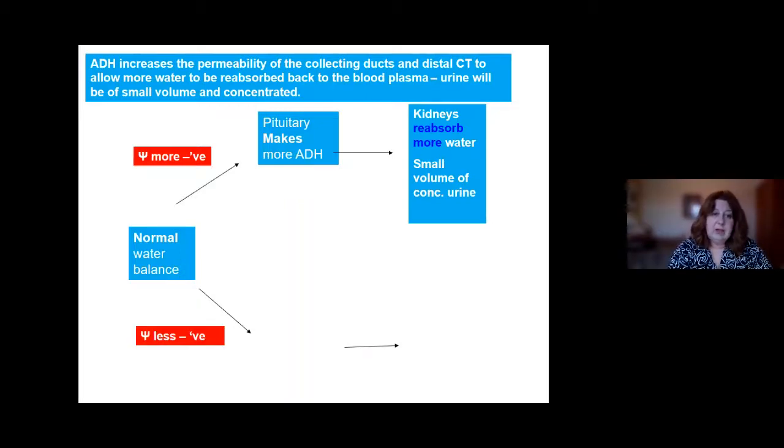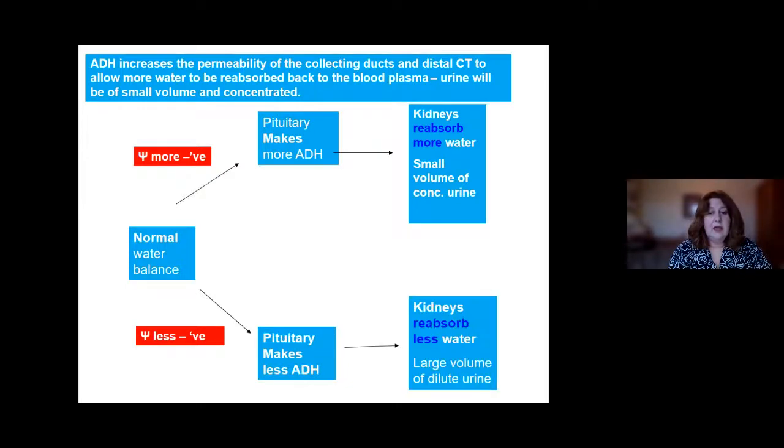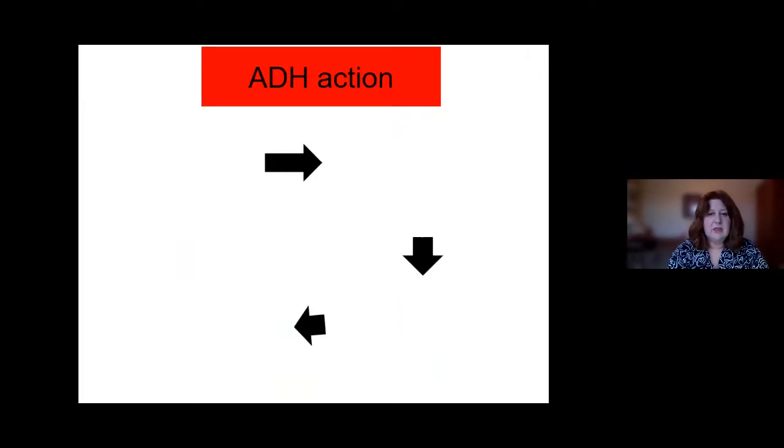And the converse of that is that if the water potential of the blood plasma becomes less negative, there's going to be less ADH made, and so the kidneys are going to reabsorb less water, so you're going to have larger volumes of more dilute urine made. And that is the effect of ADH in terms of negative feedback.